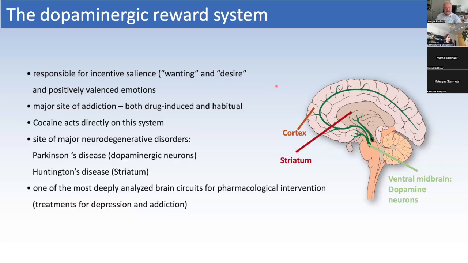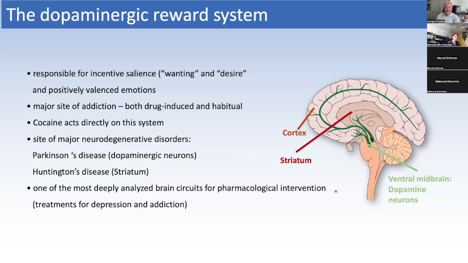And unfortunately, it's also the site of a major neurodegenerative disorder. In Parkinson's disease, the dopaminergic neurons are degenerating, and this explains the symptoms. And for this reason, the dopaminergic circuit is one of the most deeply analyzed brain circuits for pharmacological intervention.